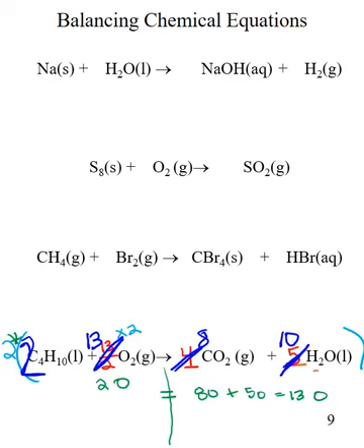And 10 waters. Okay, now this is going to be my balanced equation. Now, the other thing is, can I reduce these anymore? Can I reduce 2, 13, 8, and 10? Nope, this is the smallest ratio that I can have. So this would be my answer.